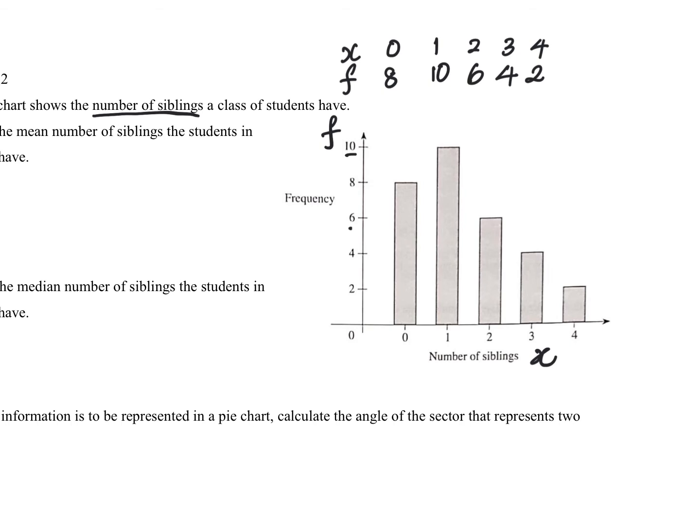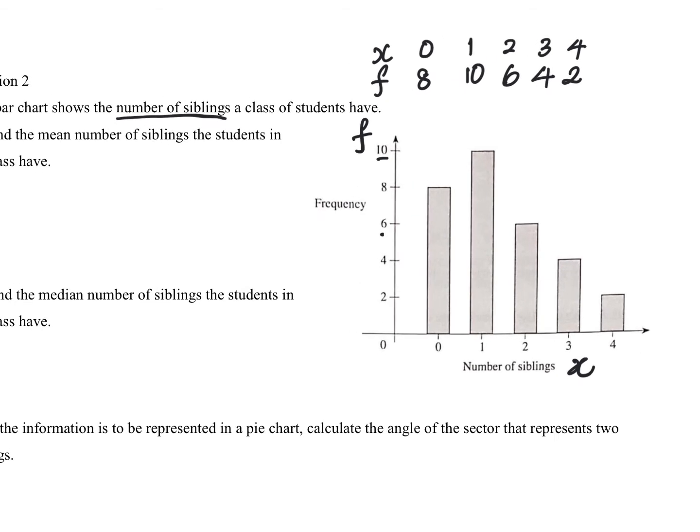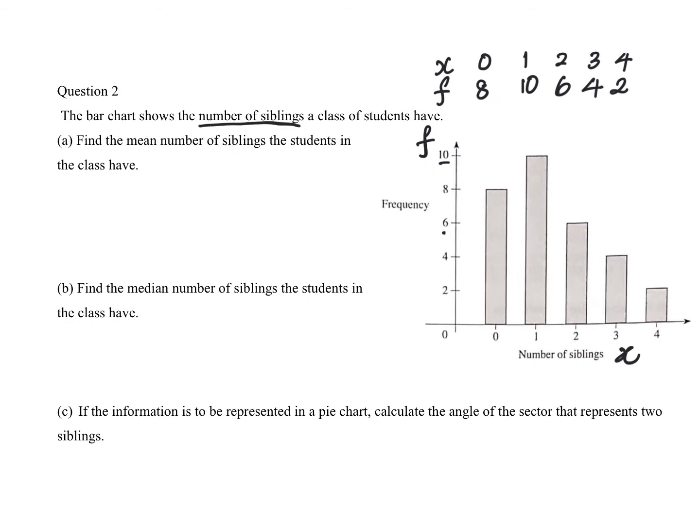So this can be formed into a frequency table, but the frequency table is represented in the form of a bar graph. So you have to know which is the data value and which is the frequency.